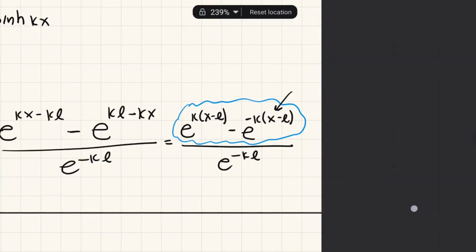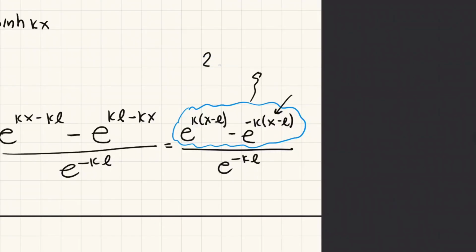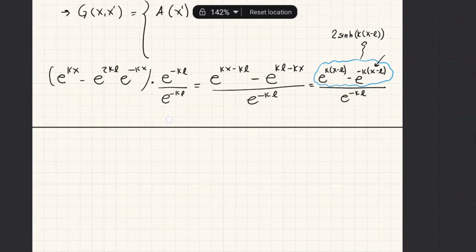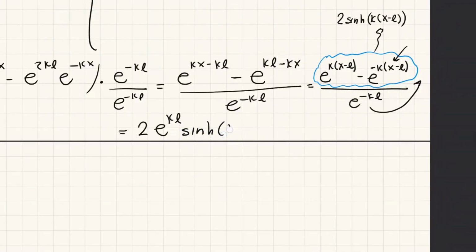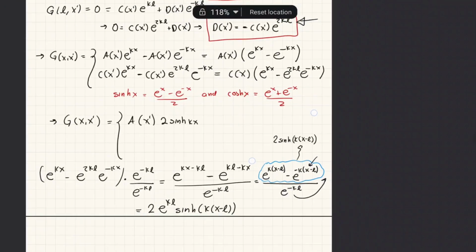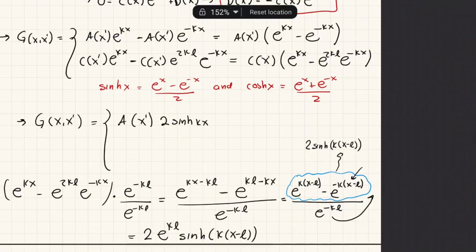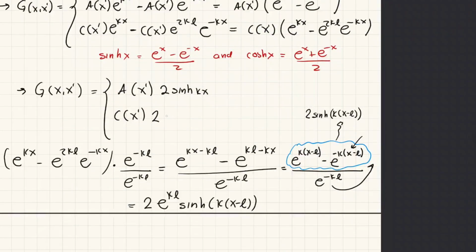So this thing can be seen as 2 times the hyperbolic sine of k times x minus L. So all this thing is 2 e to the kL, just by taking this to the numerator, and then the hyperbolic sine of k times x minus L. So this means that the second piece of the Green function is going to be of the form c of x prime 2 times e to the kL, the hyperbolic sine of k times x minus L.